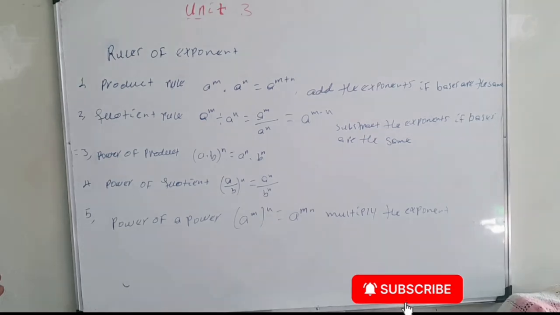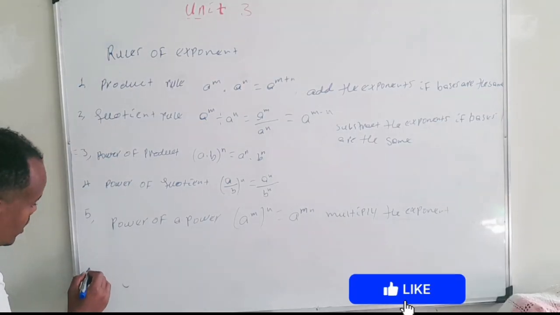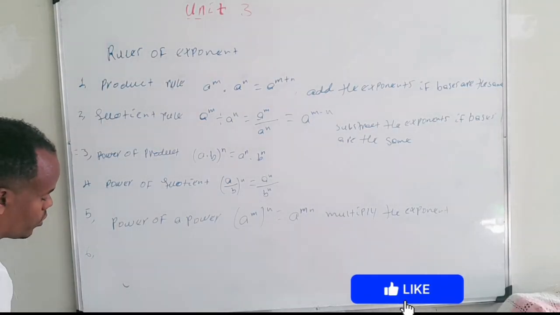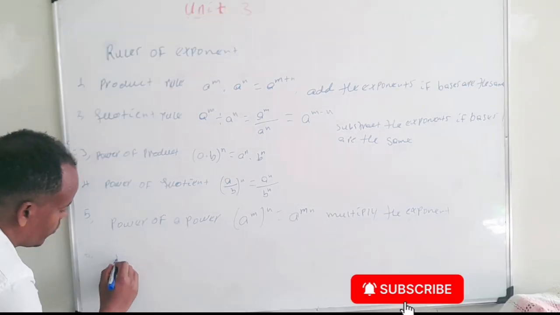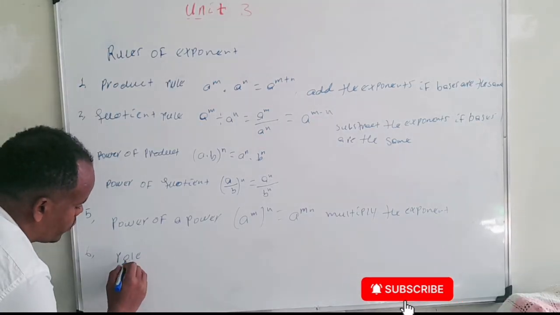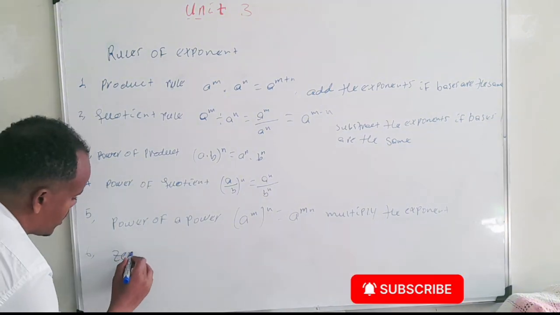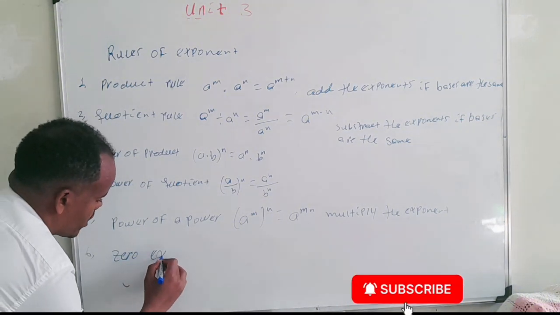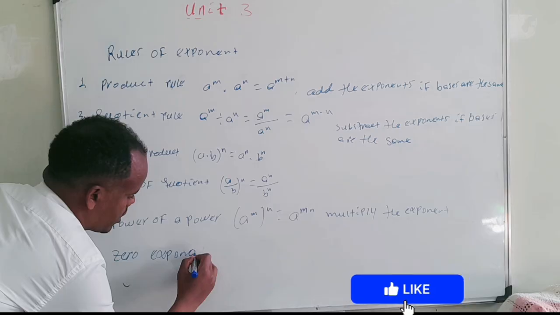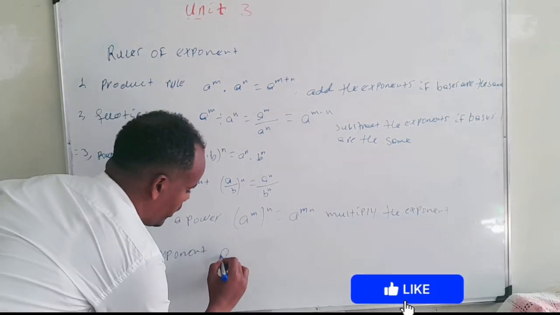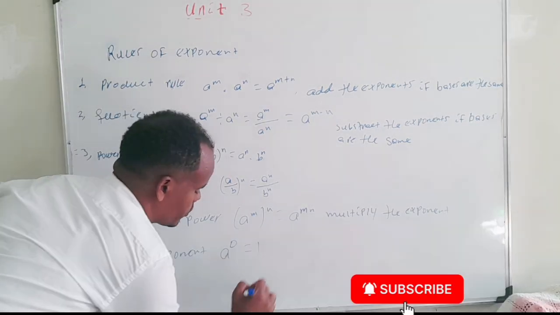Okay, the sixth rule is the rule of zero exponents. Any number to the power of 0 is equal to 1.